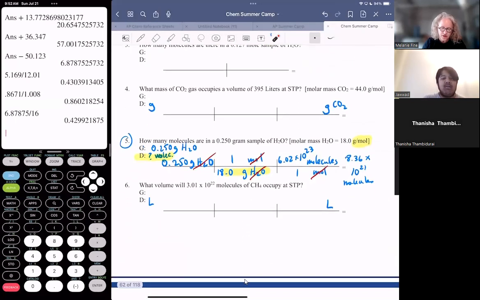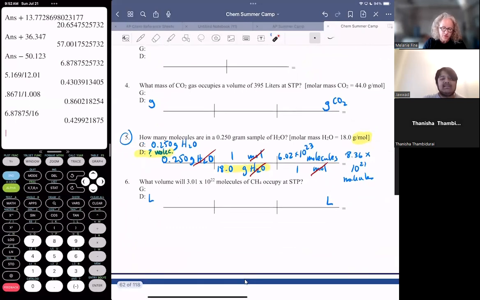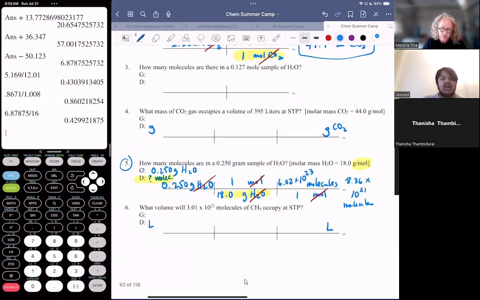Okay, so what's given to us in number 4? 395. Right, that's what goes here. But am I supposed to multiply that by STP? No, you need STP for the conversion factor to work. It's just 395 liters.